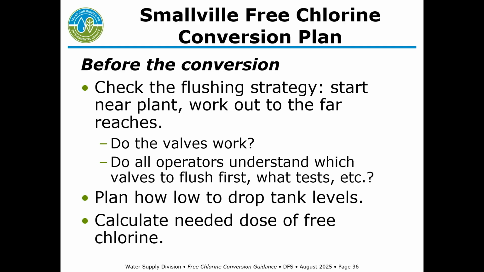One thing with the operators is make sure they understand what tests they need to run. At the beginning of the conversion and at the end of the conversion, like I said, run all 4 parameters: total chlorine, free chlorine, monochloramine, and free ammonia. And once you're sure you've got free chlorine, you can just monitor free chlorine at that point for the rest of the conversion until you change it back to monochloramine.